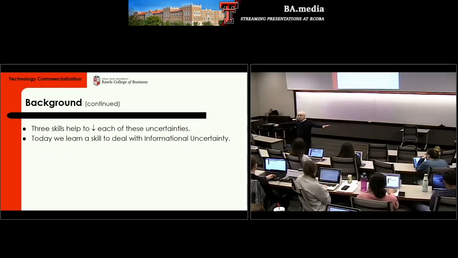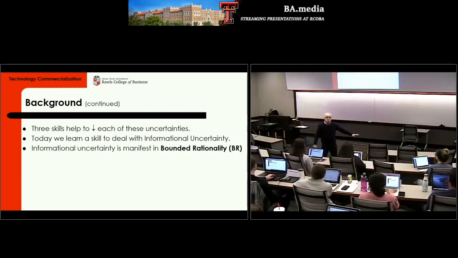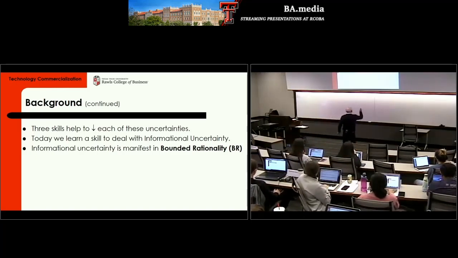So, three skills help us decrease the uncertainty, and when we deal with informational uncertainty, there's something called bounded rationality. I've used the term before. Some guy won a Nobel Prize for this in 1979: Herbert Simon.